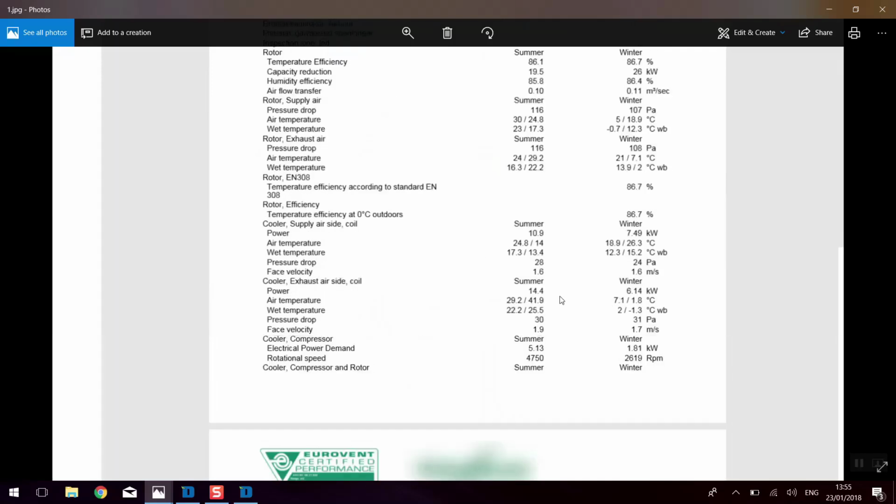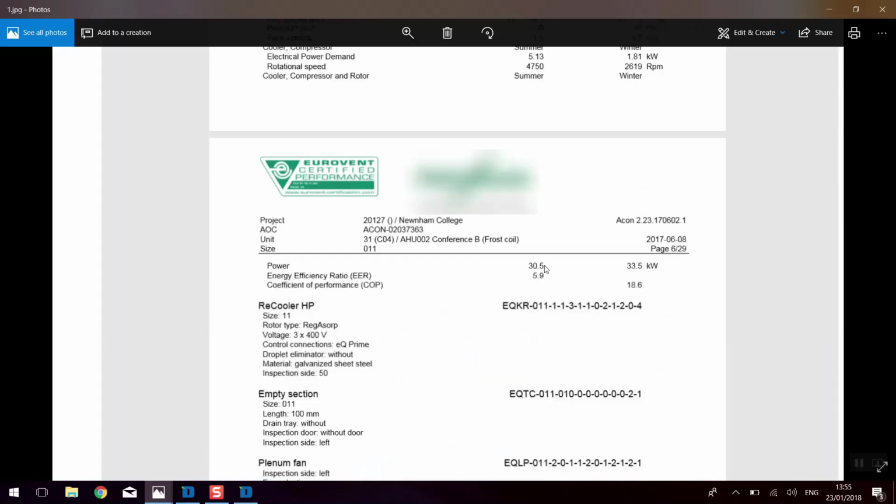Then we go to the data for the heat pump.